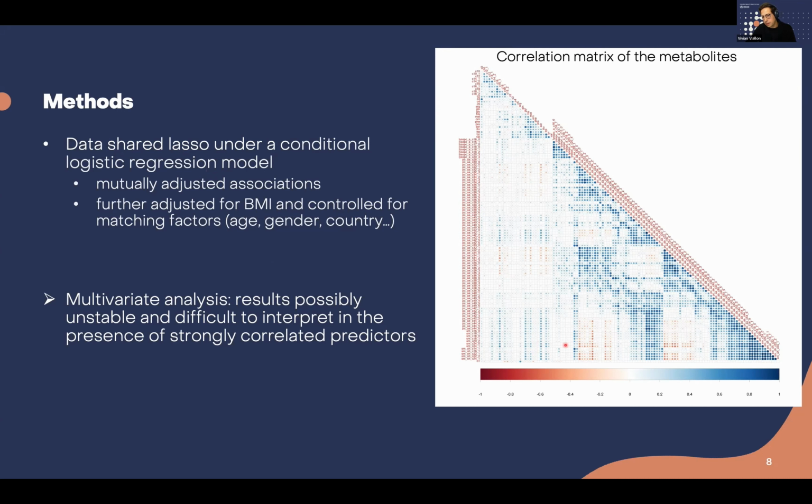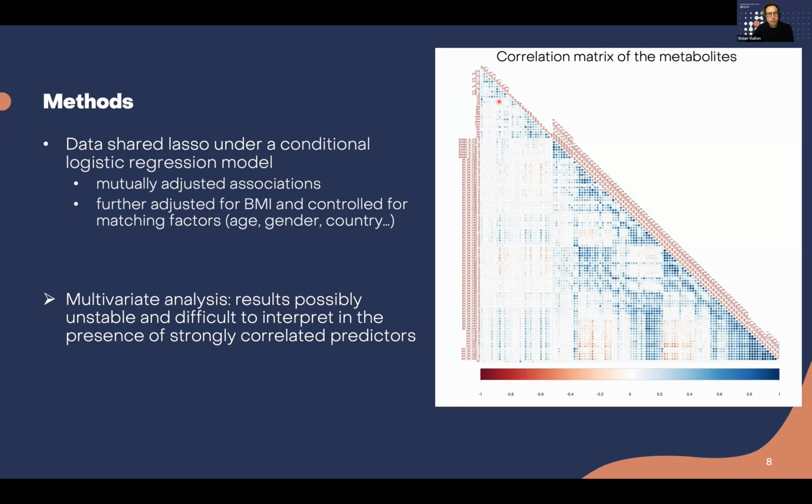And as you may know, and as is illustrated on this figure here, some of the metabolites of the Biocrates kits are indeed very strongly correlated with one another. So, for example, sphingomyelins are highly correlated to each other, other phosphatidylcholines are strongly correlated, and we also have some strong correlations among some amino acids or among some acylcarnitines.